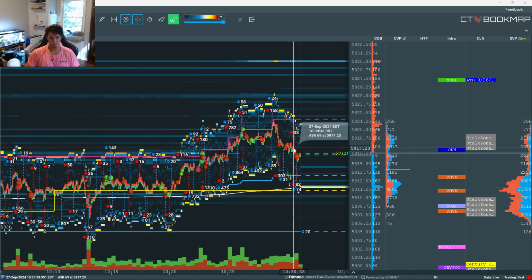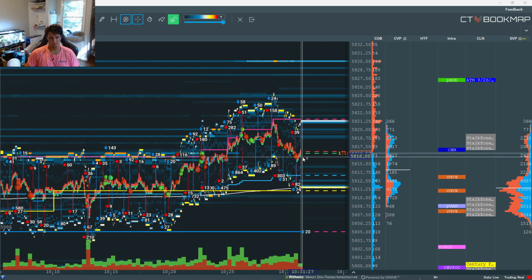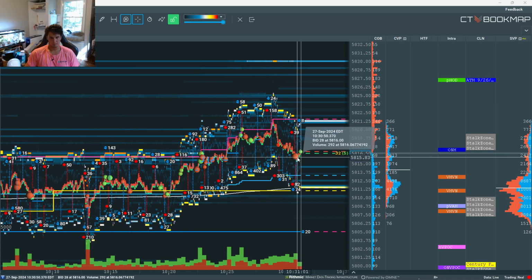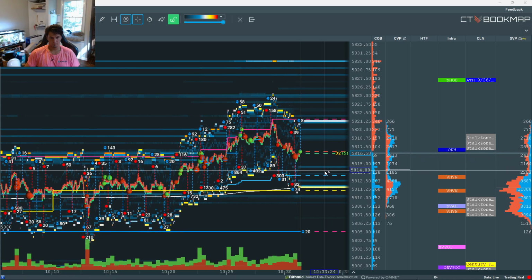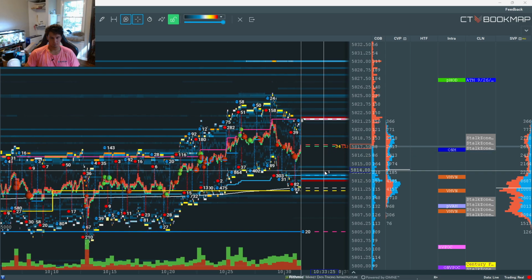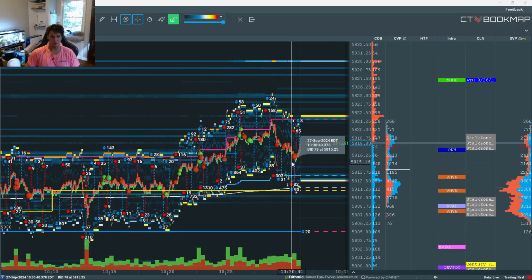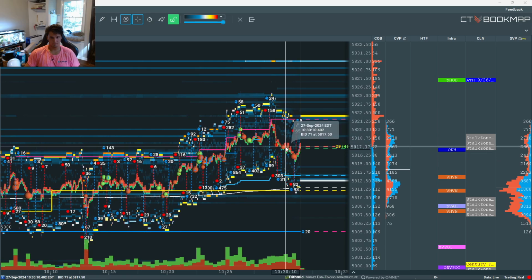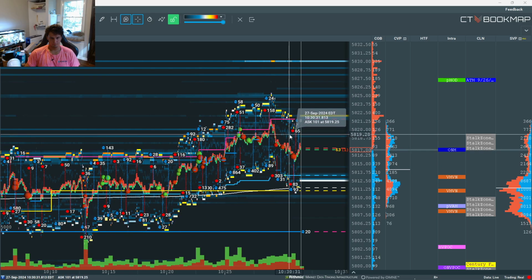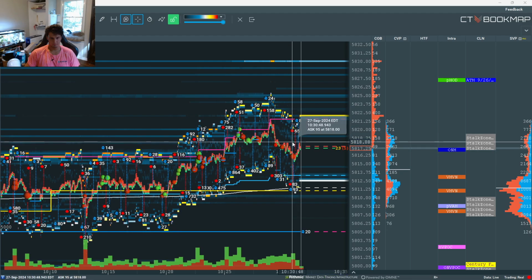Here's the auction. We see a buyer stepping in. Gotta break 18.